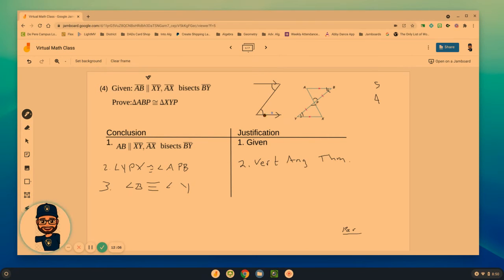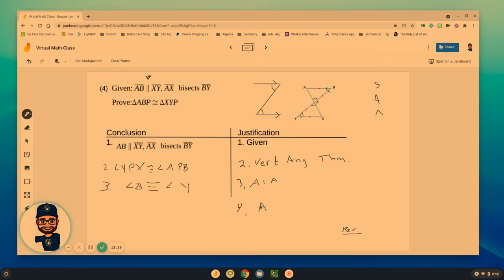If you look at this picture, those are alternate interior angles. AIA, alternate interior. And now if you look at those two diagrams, we have an angle to a side to an angle.